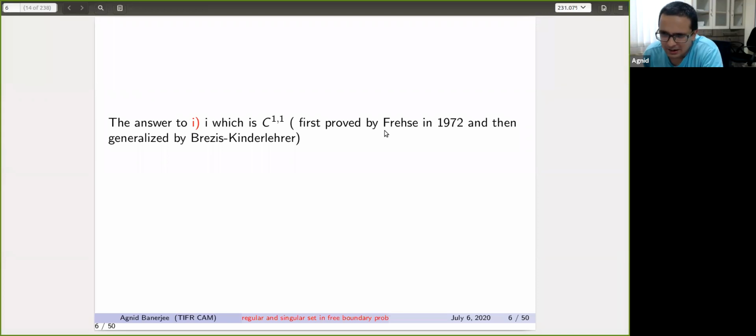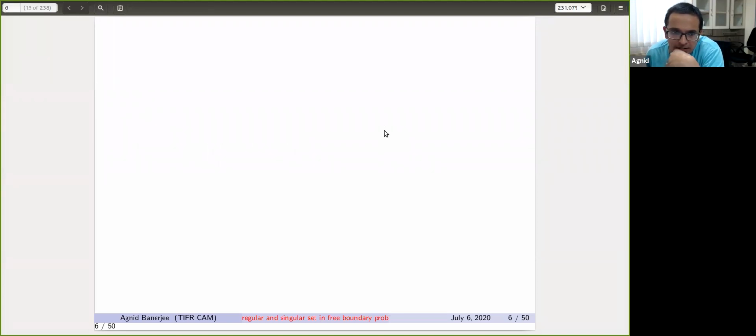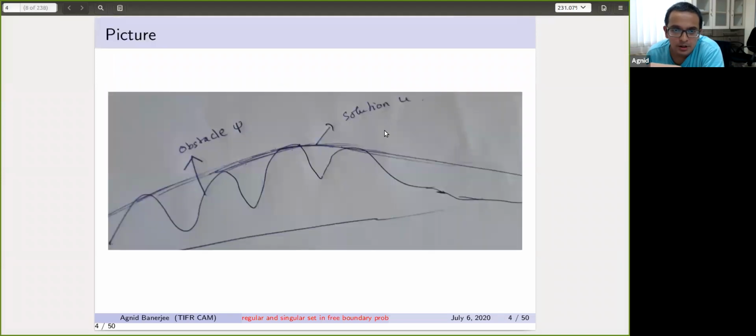Now I'll just give a little bit of an idea how you think of this regularity. So let's go back to that picture. As I said, the solution to the classical obstacle problem can be realized in a non-variational way as the least superharmonic function which stays above the obstacle. Using that, you can show that the solutions are quasi-convex, which is to say that at every point on the graph, you can touch it by a paraboloid from below.